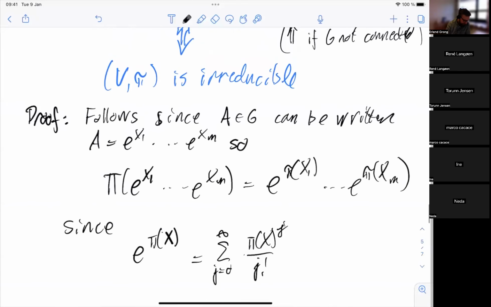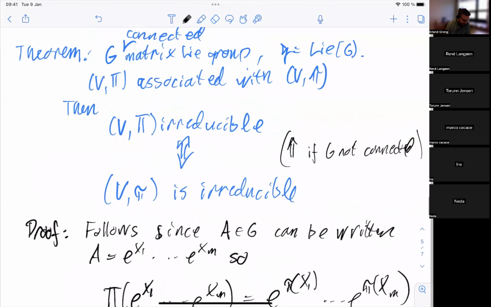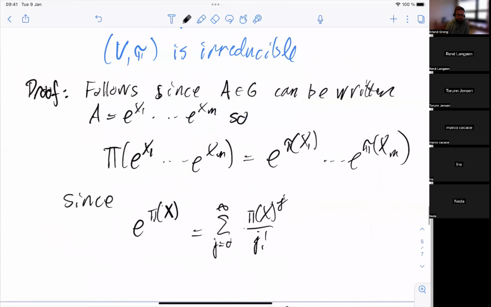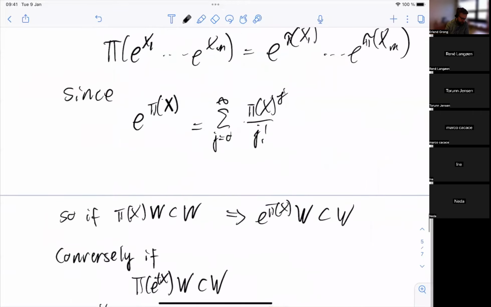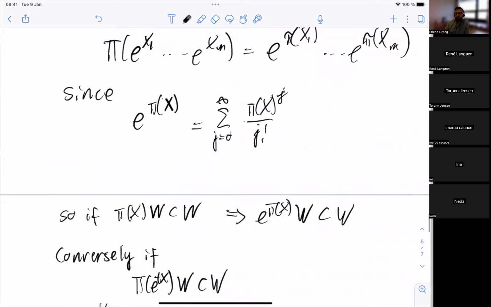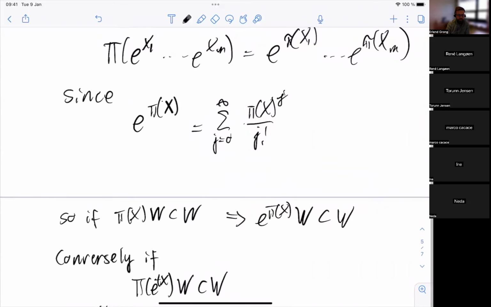So again, it's sort of the same result here: if we have a connected Lie group, then all elements are products of exponentials, and you can just check what exponentials do, and then you see that you have the same invariant subspaces, and hence the same definitions of what it means to be irreducible.